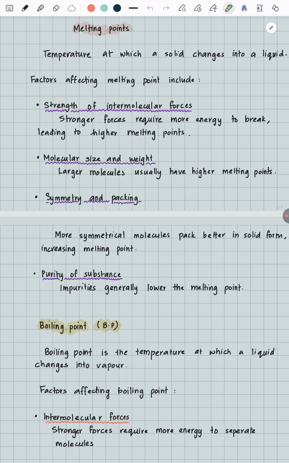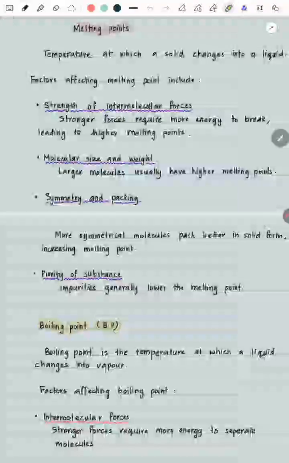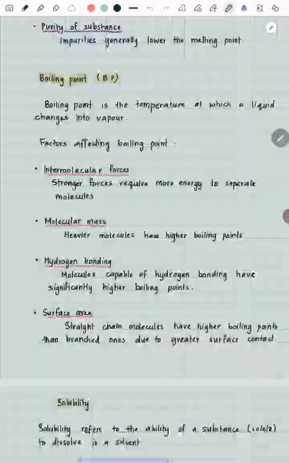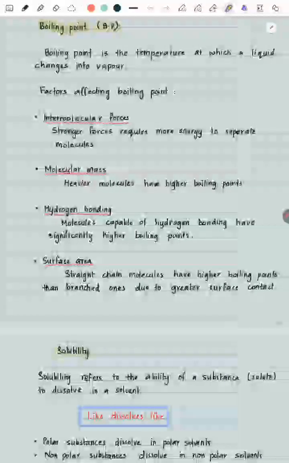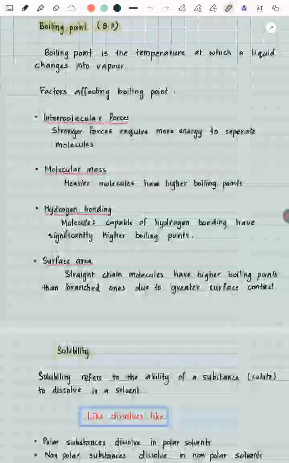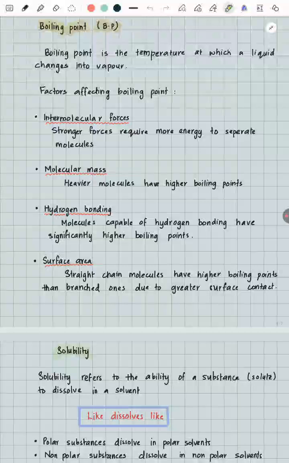Similarly, boiling point is the temperature at which a liquid changes into vapor. Again, intermolecular forces play a key role. Stronger forces require more energy to separate molecules into the gaseous phase, leading to higher boiling point. Molecules capable of hydrogen bonding usually have significantly higher boiling points.